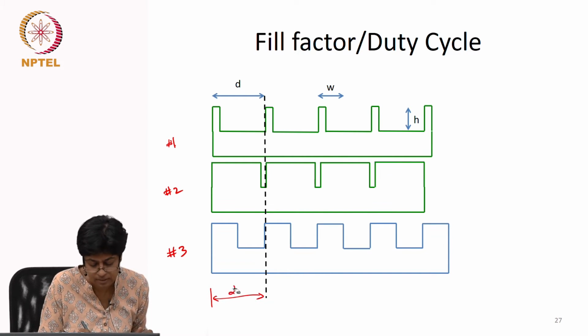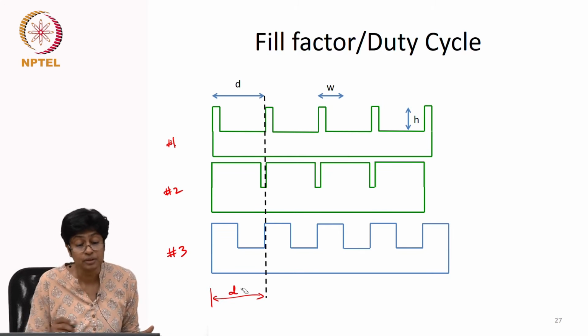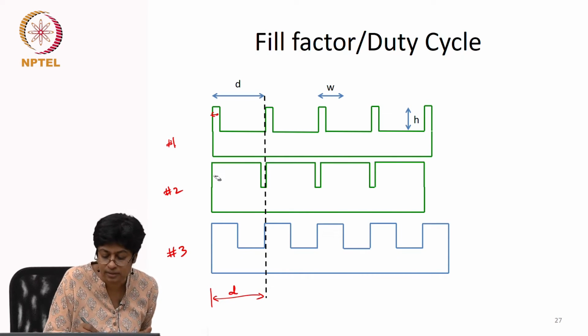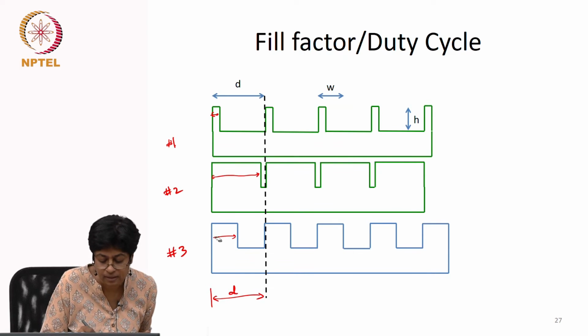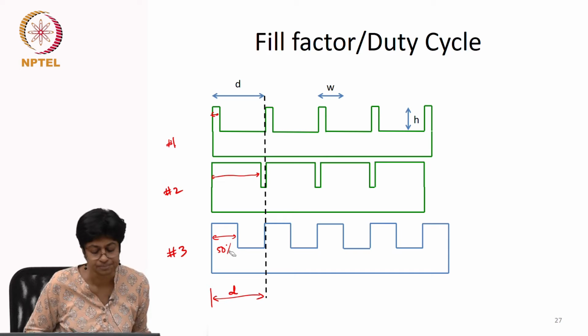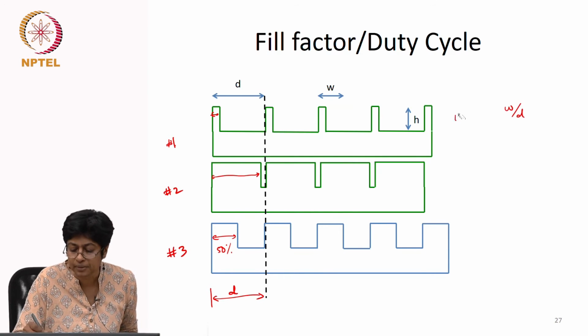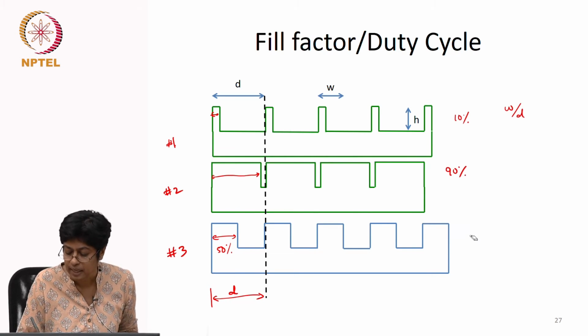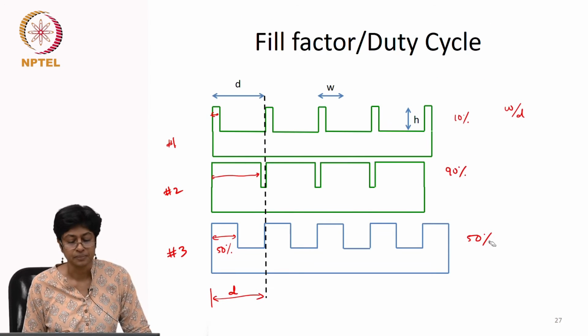But the fill factor is different because the width of this in this case is so small. Here it's really very large, and here it is 50%. So if I take the ratio of W by D, maybe this is something like 10%, maybe this is something like 90%, and here it is 50%. Okay?